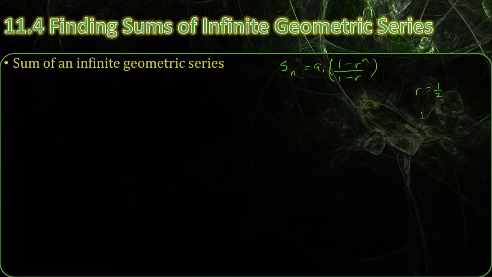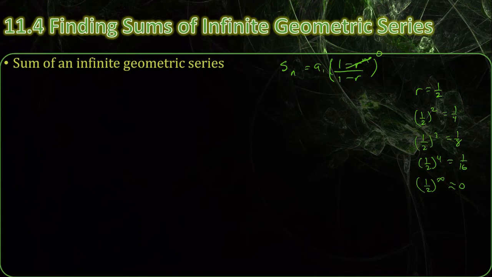A half squared is a fourth. A half cubed is an eighth. A half to the fourth is a 16th. You can see it keeps getting smaller and smaller. So a half to the infinity is approximately 0. So that would become 0.